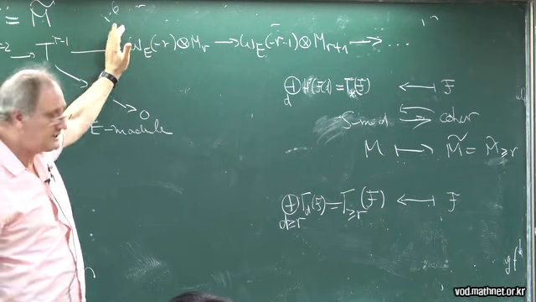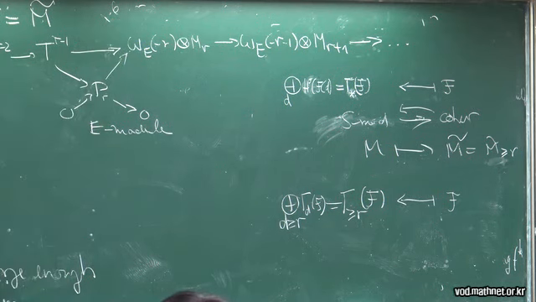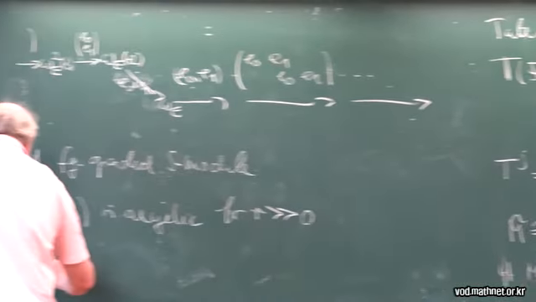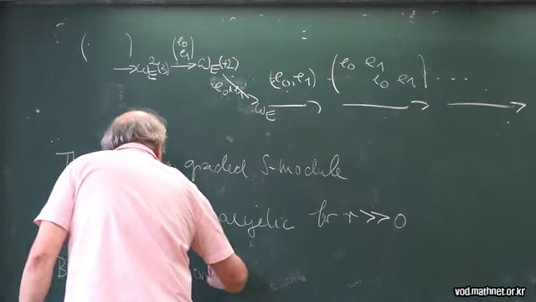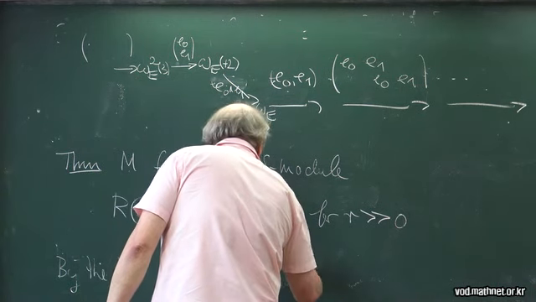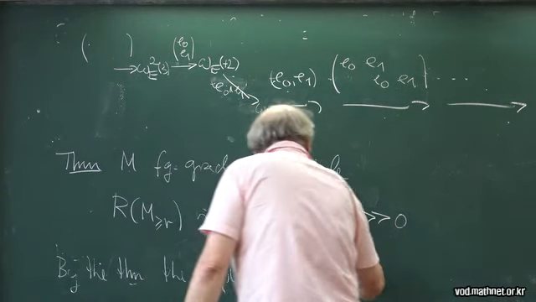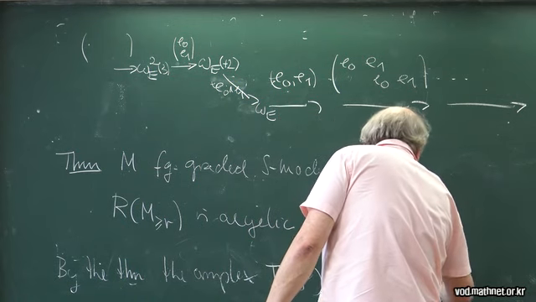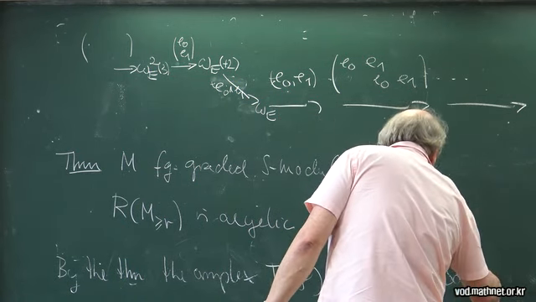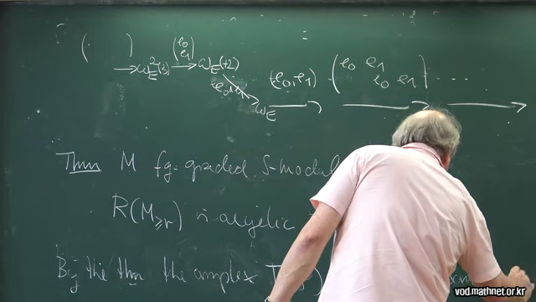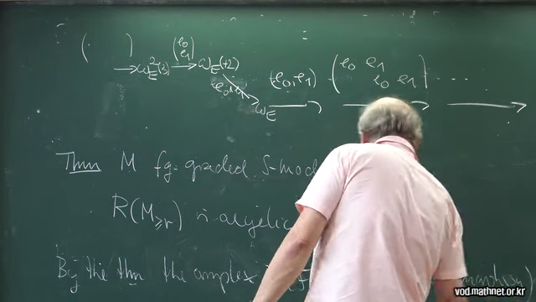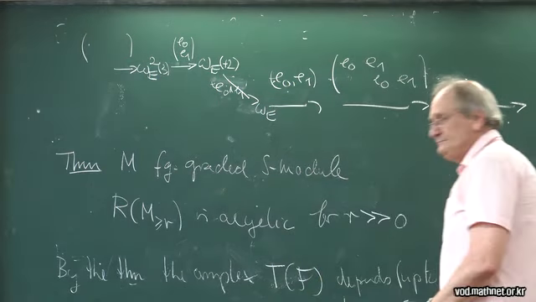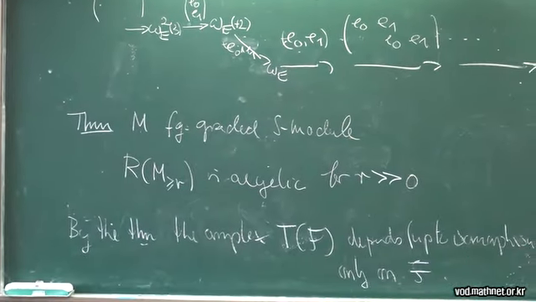So by the theorem, the complex T of F depends, up to isomorphism, up to choosing bases, only on F. So it's really an intrinsic object.